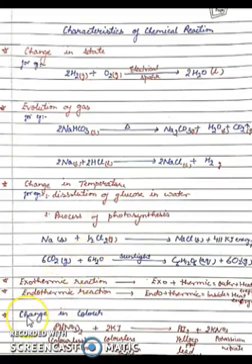Now our last characteristic is change in color. There are many chemical reactions in which you will observe a change in the color of the product. For example, here when lead nitrate reacts with potassium iodide, both are colorless in nature.